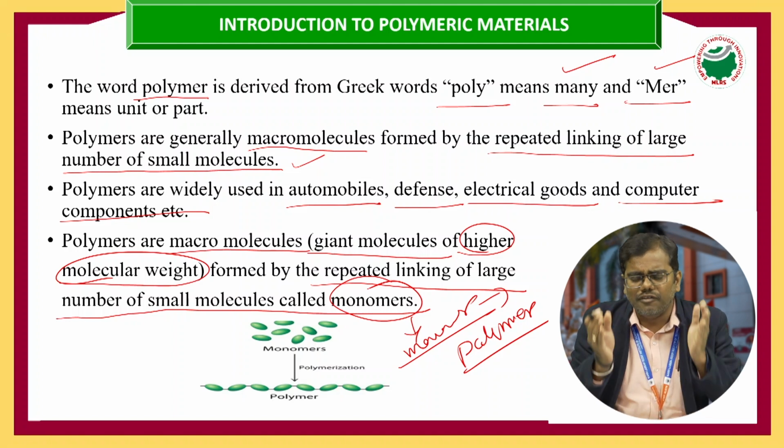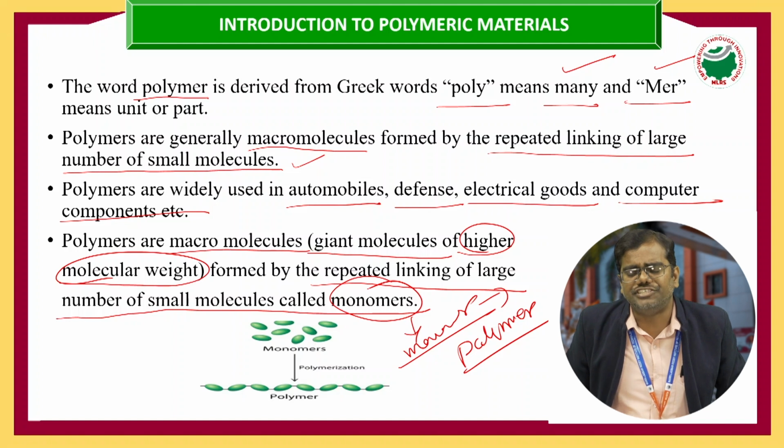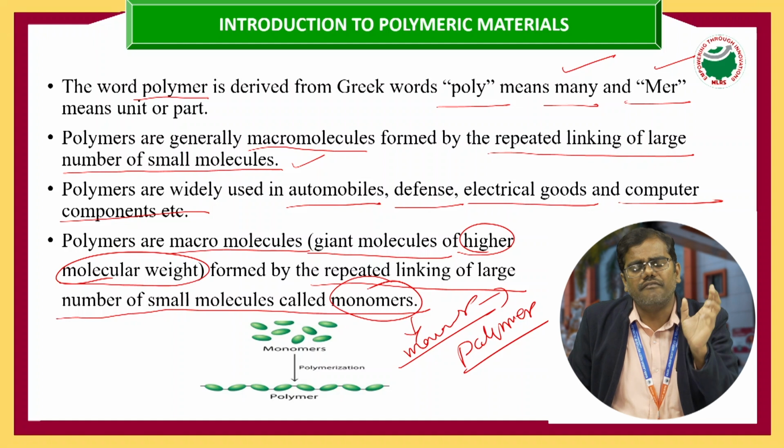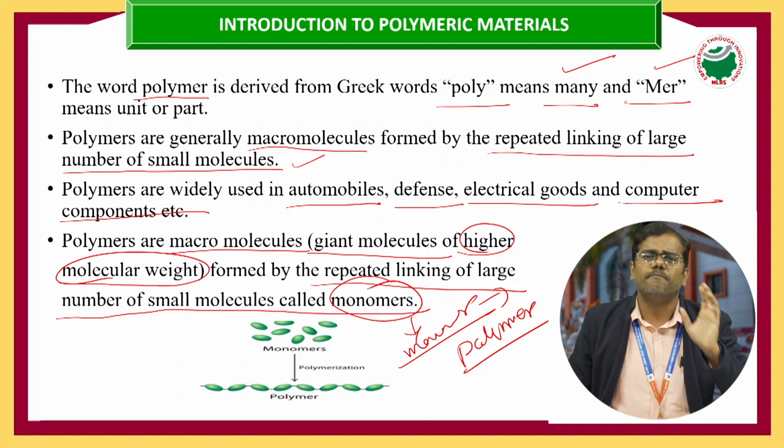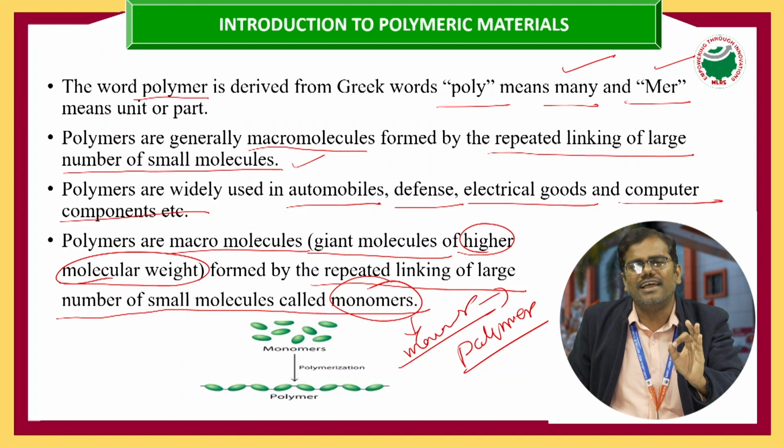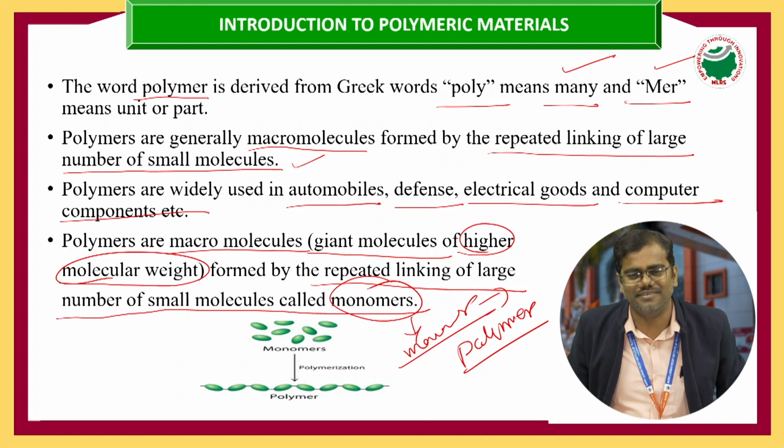And finally, it leads to the formation of a giant molecule, a macromolecule, or a large molecular weight compound, which is said to be a polymer, and this phenomenon is called polymerization. Understood?